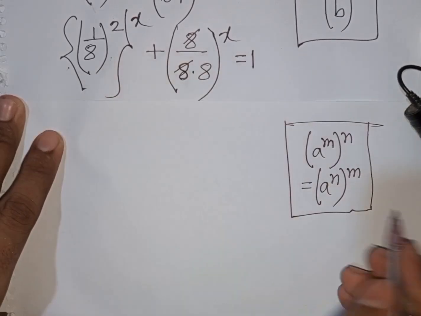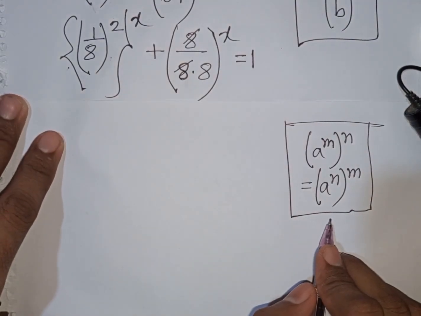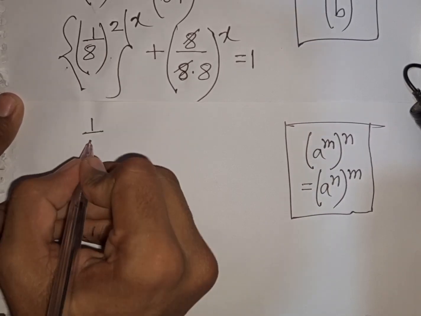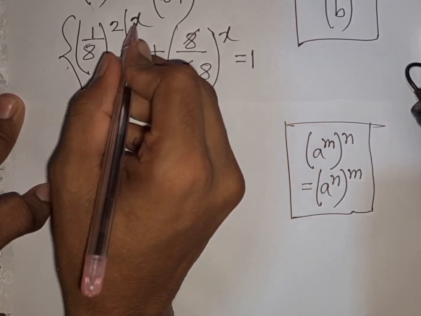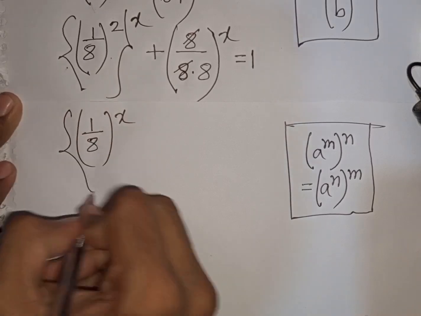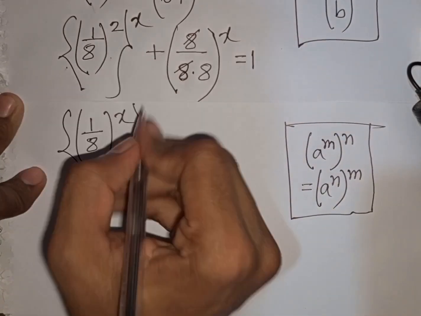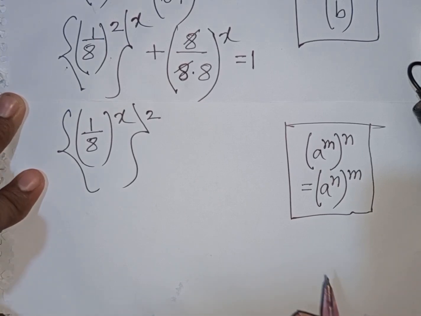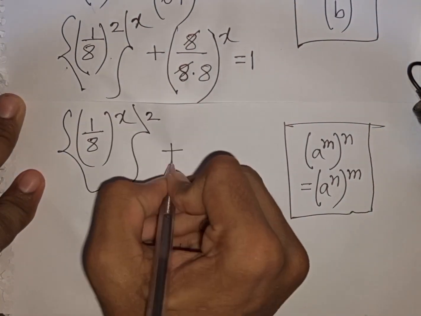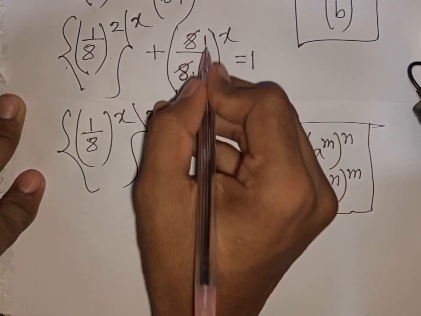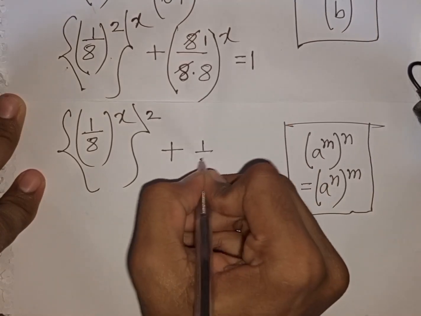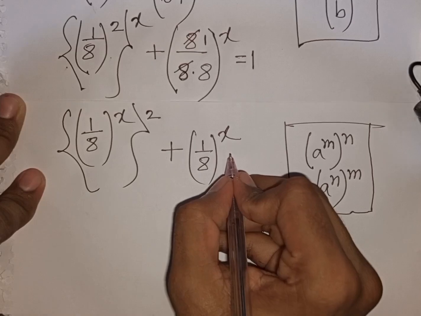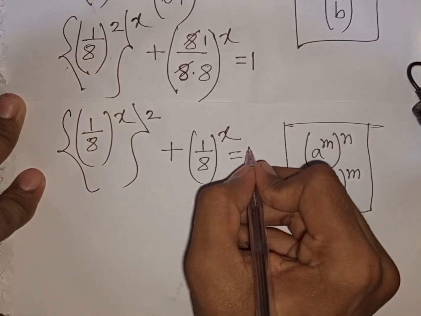So, according to this rule, it will be ((1/8)^x)^2, then plus (1/8)^x is equal to 1.